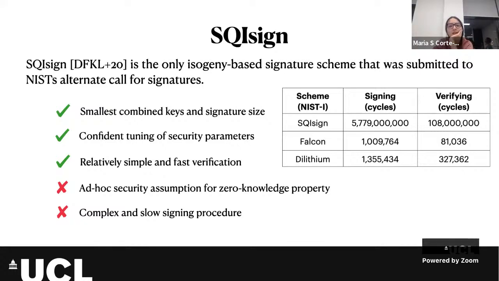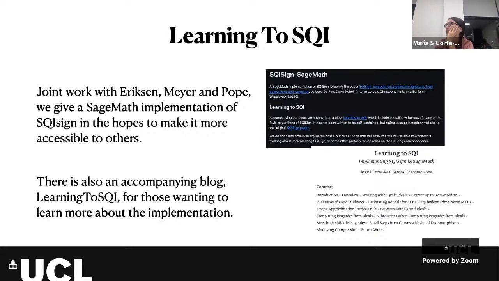So to try and remove some of the complexity of SQIsign, I, along with Jonathan, Michael, and Giacomo, made a Sage implementation of SQIsign to try and make it more accessible to others, because there had previously only been a C implementation, which for me doesn't make it that accessible.